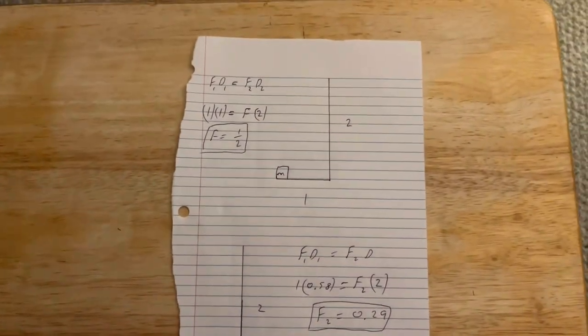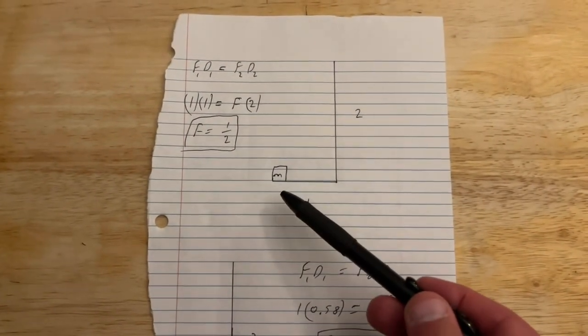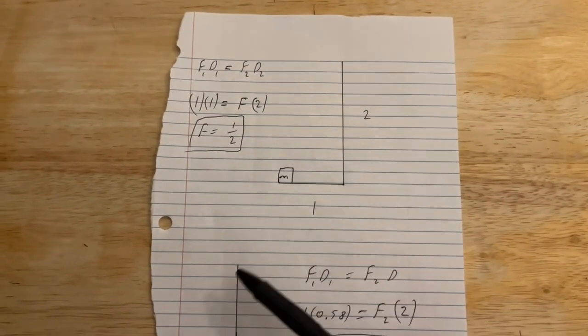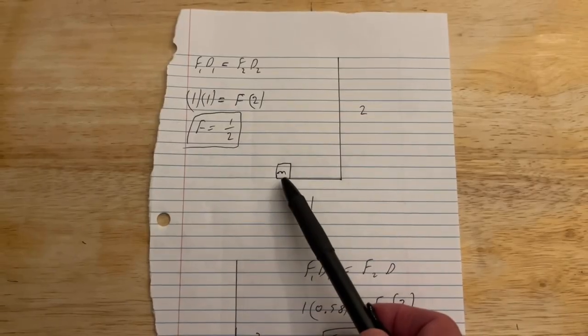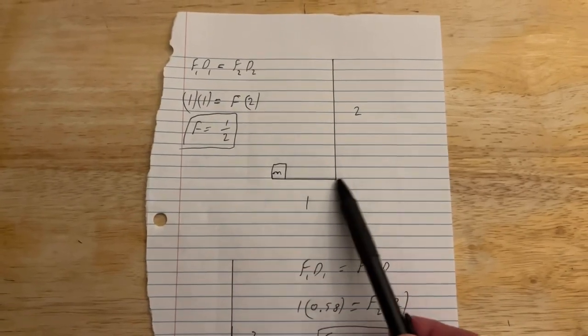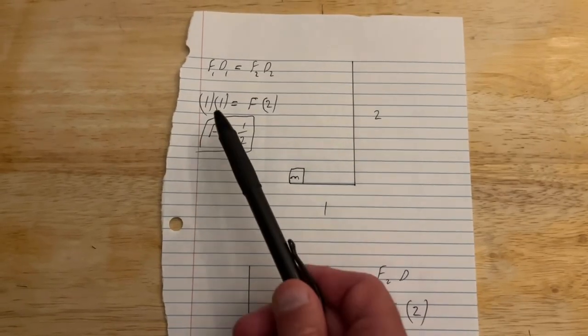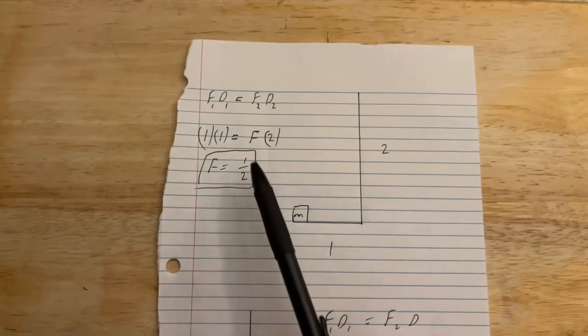Here's a better example of the lever model, I think. We have our lever. This end of the lever is 1 unit, that one's 2. We have some mass over here. Even though technically the middle of this mass will be right here, let's just say the mass has to travel 1 unit, or it has 1 unit for torque. Force 1 times distance 1 equals force 2 times distance 2.